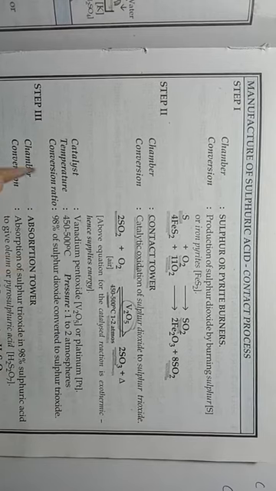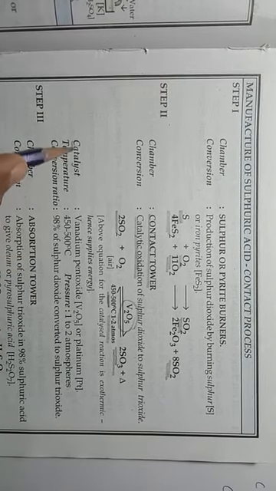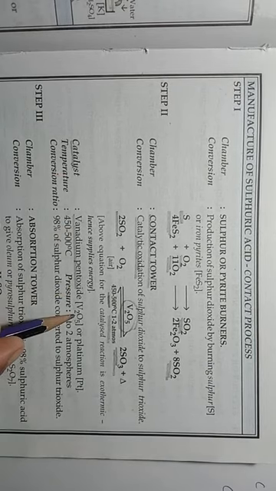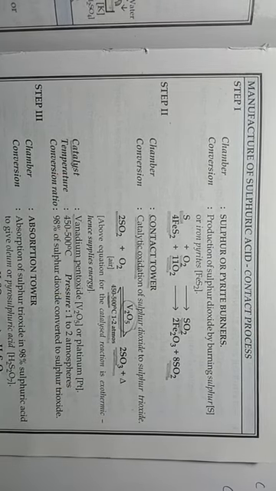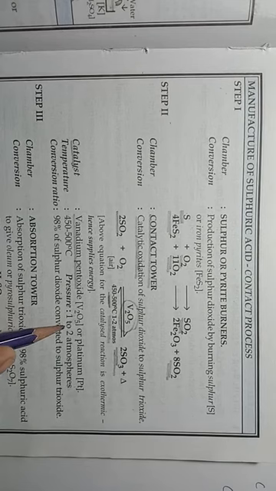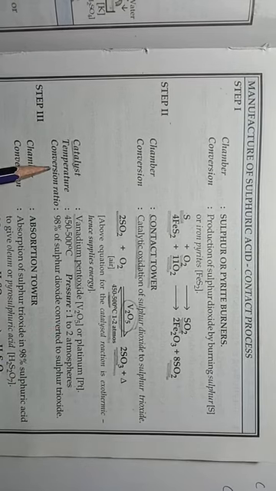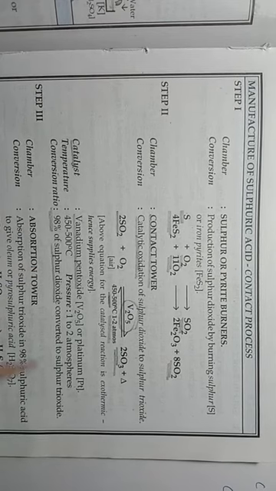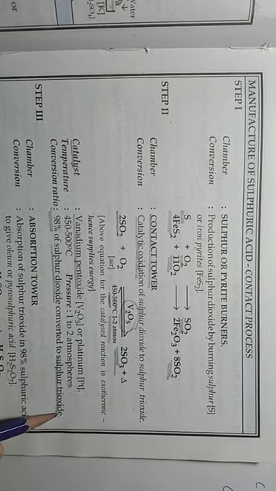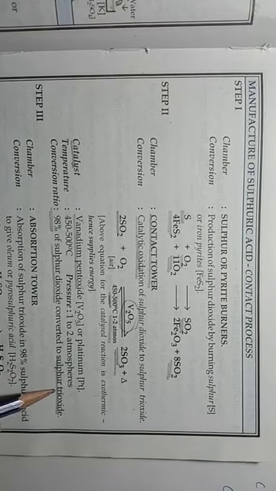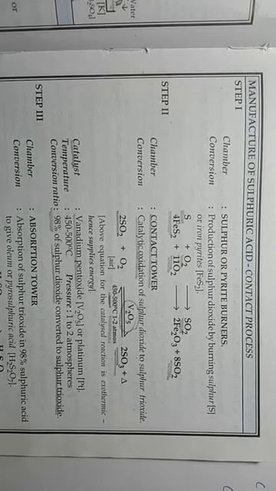The catalyst used is vanadium pentoxide, V2O5, or platinum. The conversion ratio is 98% of sulfur dioxide converted to sulfur trioxide, meaning a very good yield of sulfur trioxide is obtained.